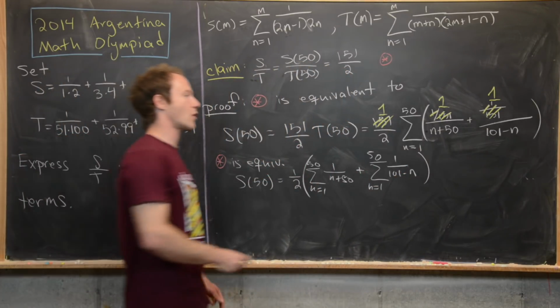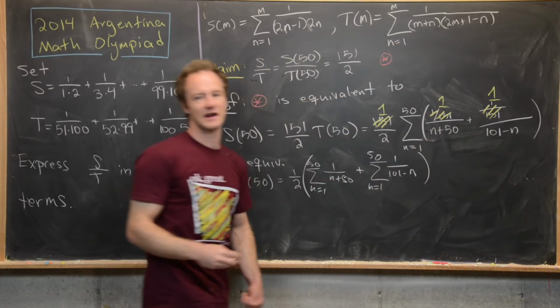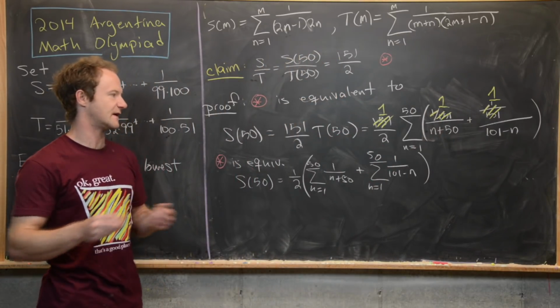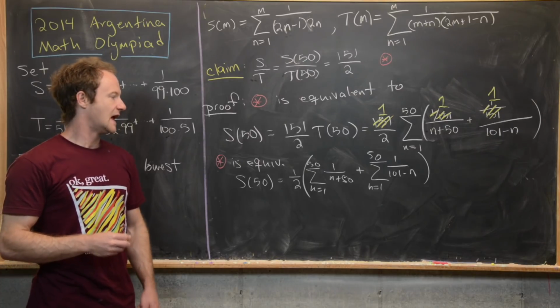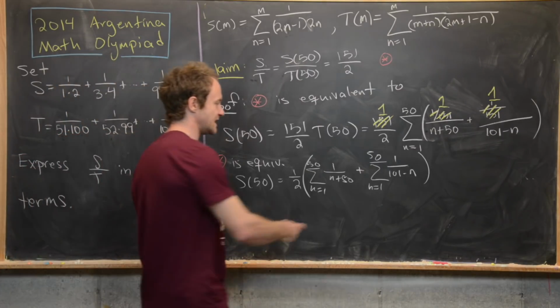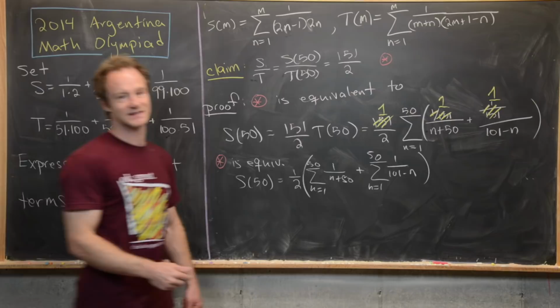And I just broke this up into two parts, given that I've got a sum of two terms, and these are finite sums, so there's no problem with that. And you'll see why we'll do that, because these sums are essentially the same.